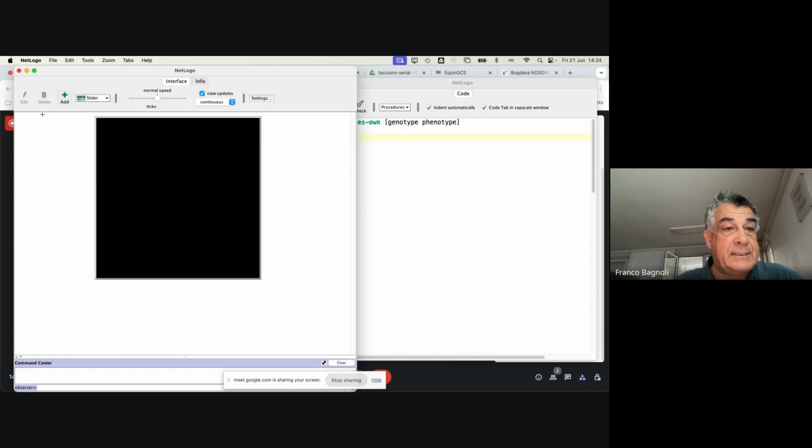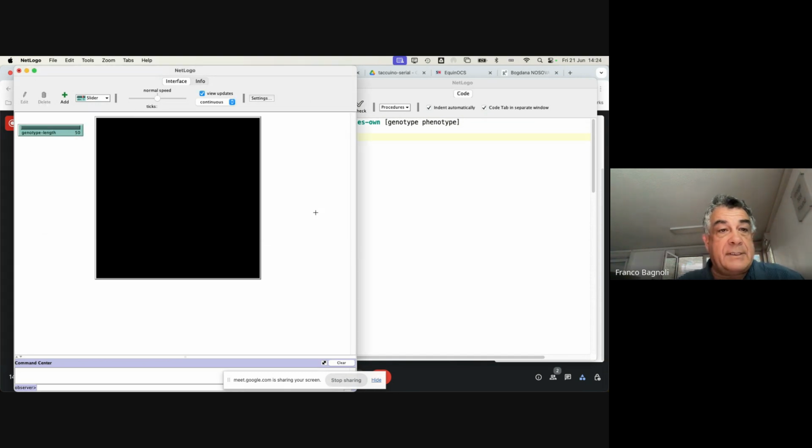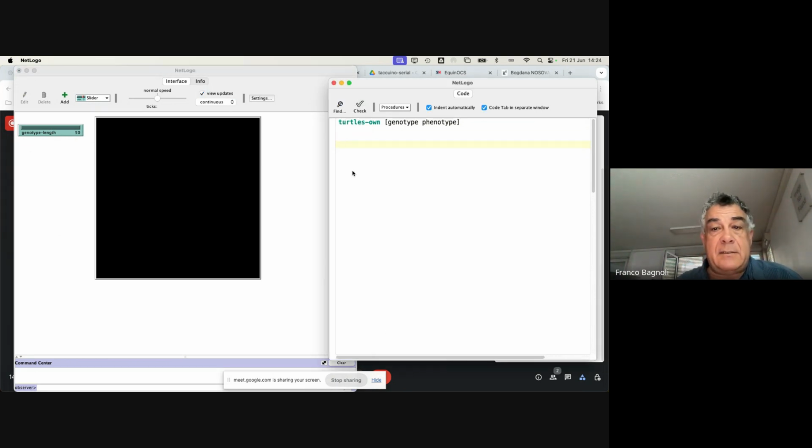We can add a slider, say genotype length, from 3 to, I don't know, 20. So this is the length of the genotype. We can use Boolean genotype, say zeros and ones. Then we may have a compute phenotype function, and we pass a genotype to report.